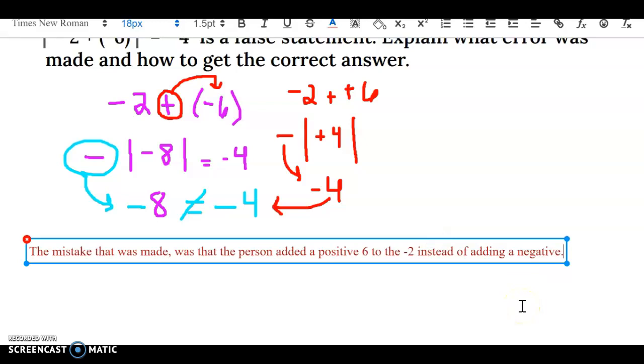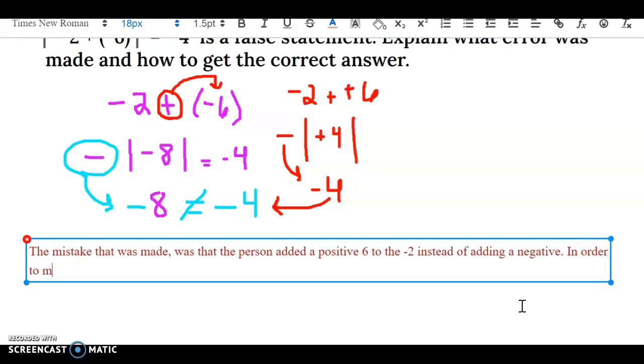And then you can go ahead and say, in order to make this a true statement, the person needed to add 6 more negatives to the negative 2. Sorry about that.